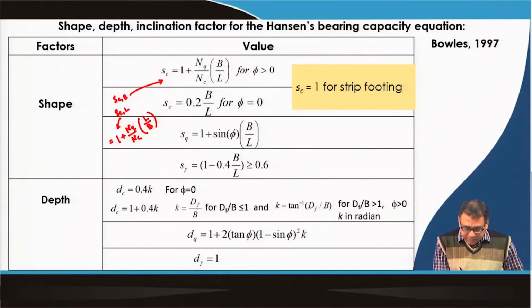Similarly, dF by B also you have to replace by dF by L in the calculation of DCL, or DQL, like this.